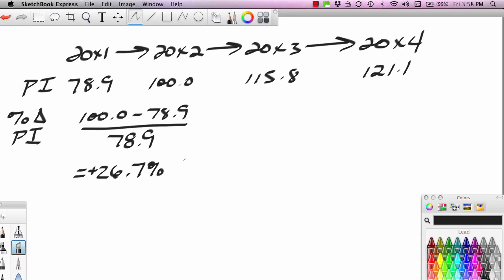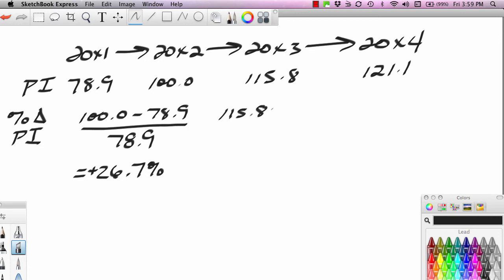So 26.7% would have been a small increase in prices in Germany after World War I. We've seen countries have hyperinflation rates that are astronomical. So it's all relative. In the United States, inflation is a relatively small problem, at least relative to the rest of the world. And so this number by U.S. standards is very high, but by other country standards it could be relatively modest. Okay? All right, let me move on.